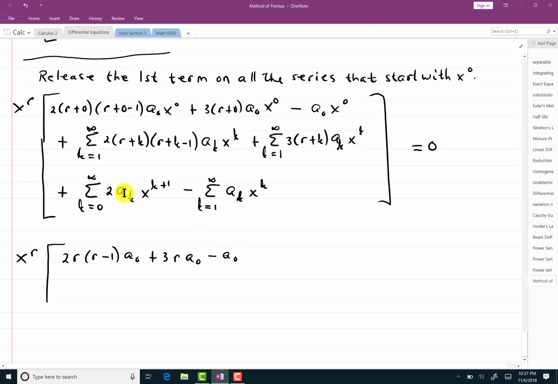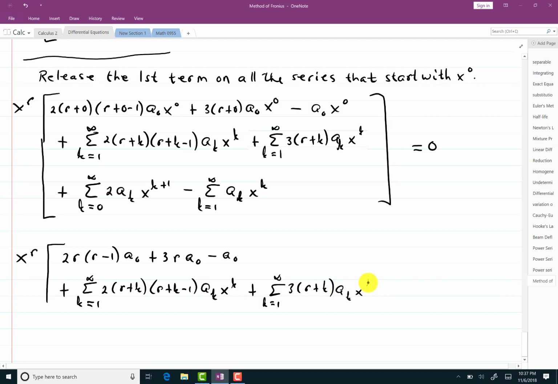And then for the rest of these things, I get plus the summation k equals 1 to infinity, 2 times r plus k times r plus k minus 1, a sub k x to the k, plus the sum k equals 1 to infinity, 3 times r plus k, a sub k x to the k.